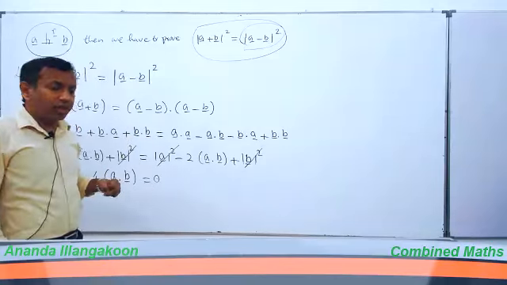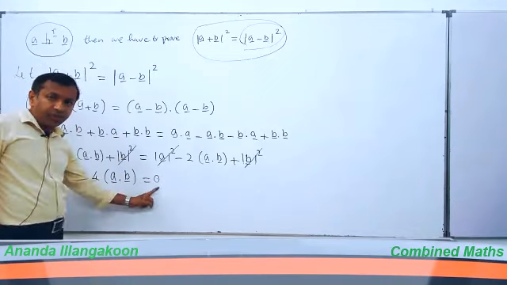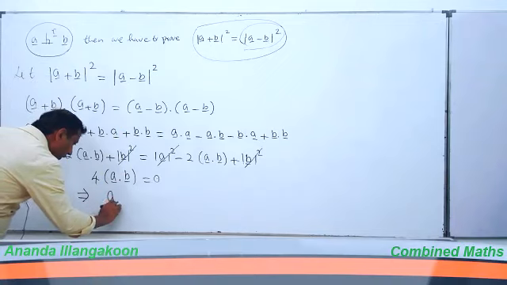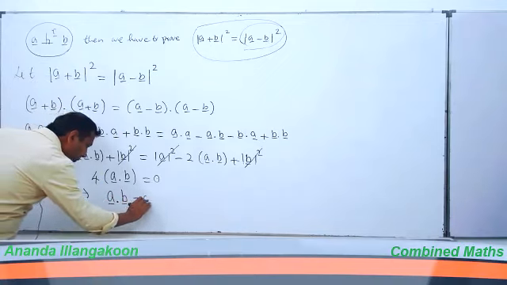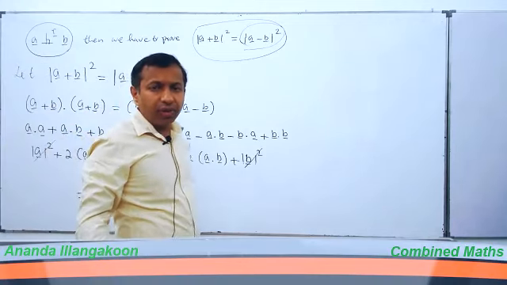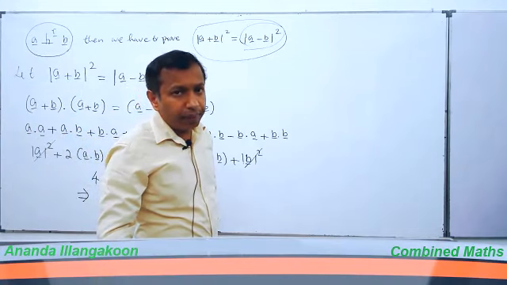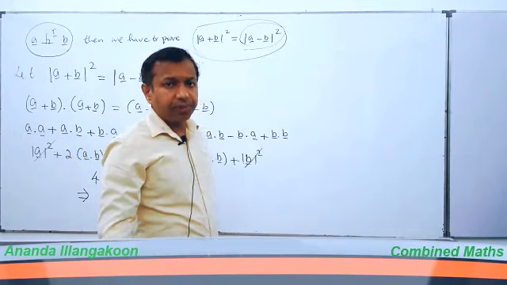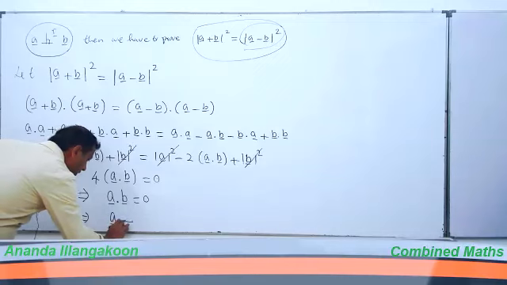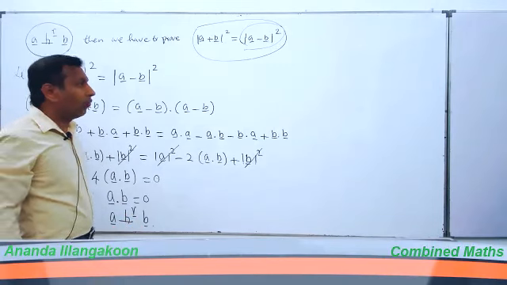So definitely, 4 multiplied by this equals 0 means A dot B is equal to 0. Dot product of the two vectors A and B being 0 means, people, A should be perpendicular to B. Here A and B vectors are two non-zero vectors. So this implies vector A is perpendicular to vector B.